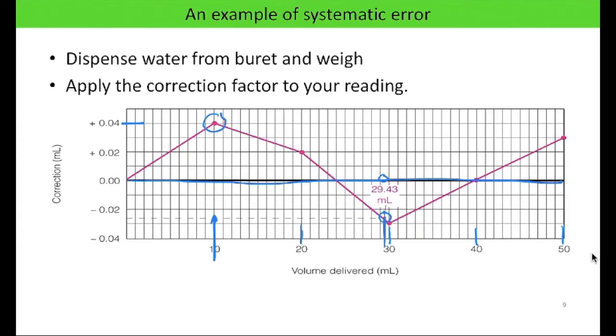So instead of weighing that particular sample, if we just look on this graph, we would realize that we're measuring a little bit less than what we think we are, and that might end up being something like 29.43 milliliters. Okay, so again, this is a systematic error, not quite dispensing what we think we are, but we're able to find it and correct it.